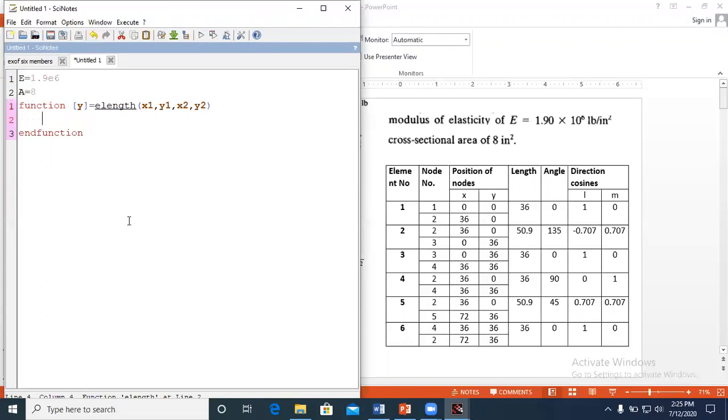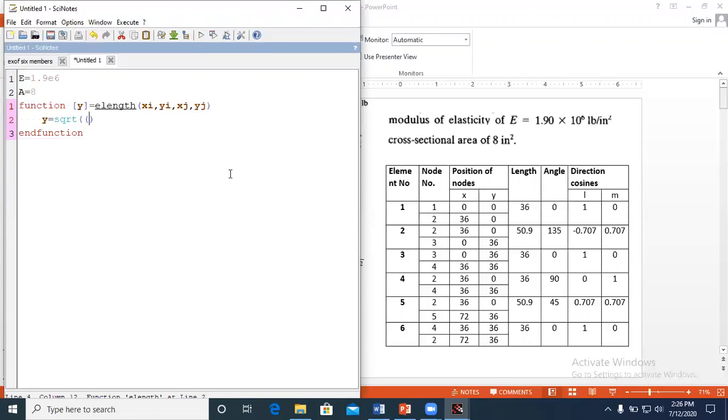Now you write the equation for the length: y is equal to sqrt, the square root of, in bracket, xi yi and xj yj. Here I will write xi, so it will reduce the confusion.